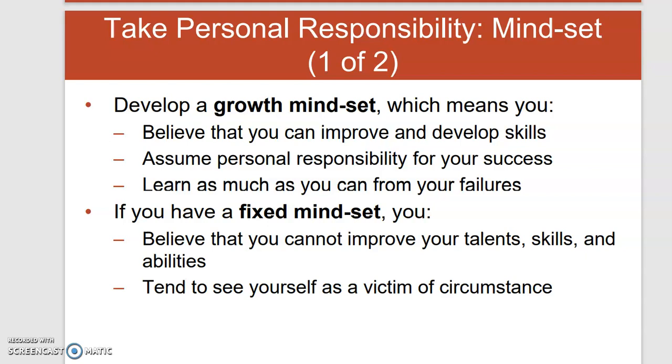A growth mindset means that we believe we can improve and develop our skills and abilities. We take personal responsibility for our actions, our successes, and our failures by learning as much as possible from those failures. If we have a fixed mindset, we believe we cannot improve our talents, skills, and abilities. We tend to see ourselves as a victim of circumstance.